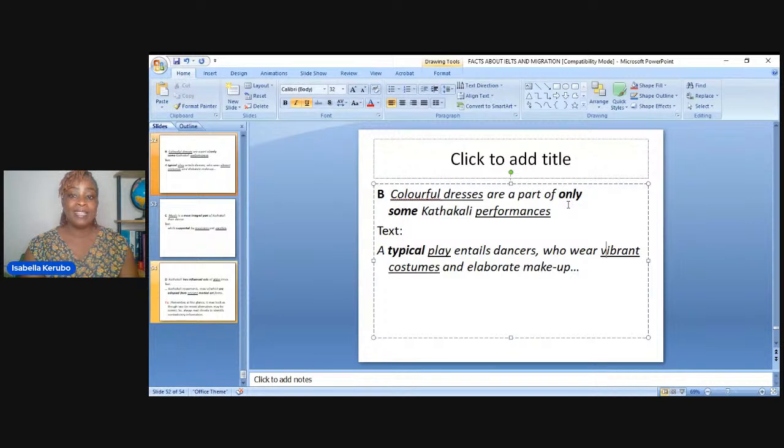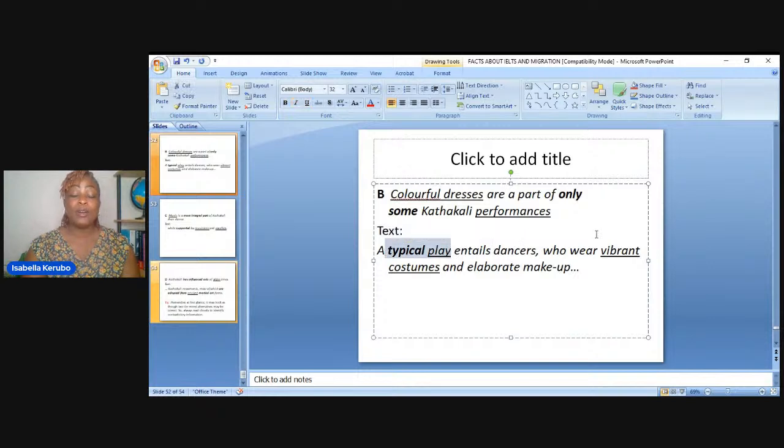Remember, we underlined that in the text, but here the text said a typical play. That means it doesn't say if it's part of some or whatever. The answer here is only talking about only some, meaning not all. But in the text, it says a typical play.